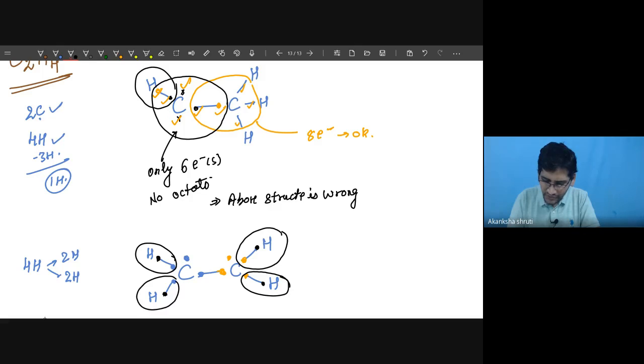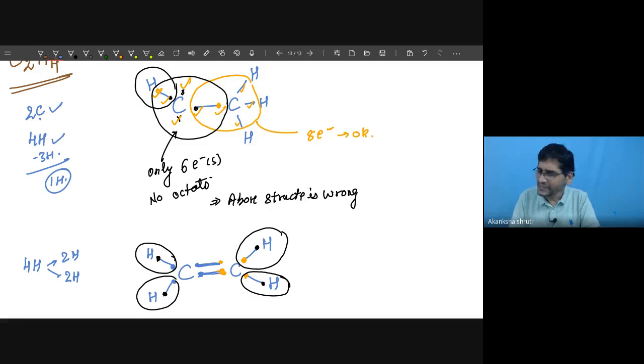But for the carbons, it is possible that the unshared electron of one carbon will be shared with the unshared electron of the second carbon. So these 2 electrons will come closer and form one more bond. It will appear like this. The one which was considered unshared has formed one more bond.